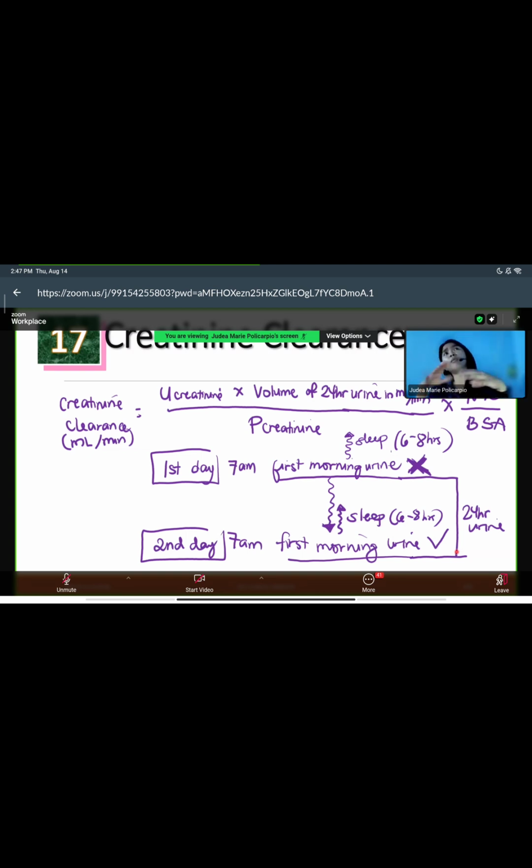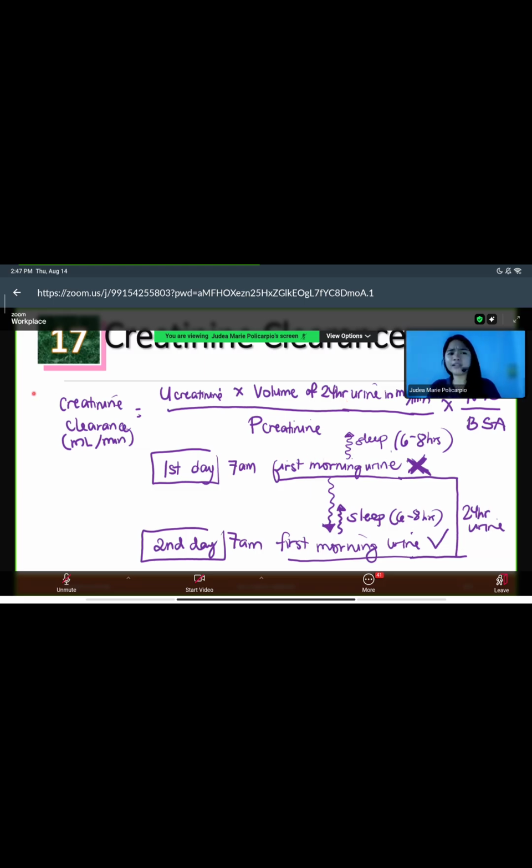Para maging comparable, you need to correct or to adjust for the amount of muscles that they may have. Kasi siyempre 'pag mas maraming muscle, mas maraming creatinine, makakaapekto 'yun sa magiging result natin. So that's why we have to use the 1.73 over the body surface area.